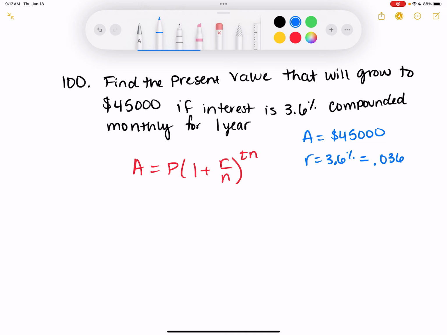And then compounded monthly. How many months are in a year? 12. So N is equal to 12, and N is the number of times it's compounded per year. And then T is the number of years, which is 1.